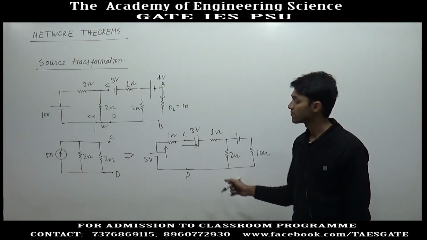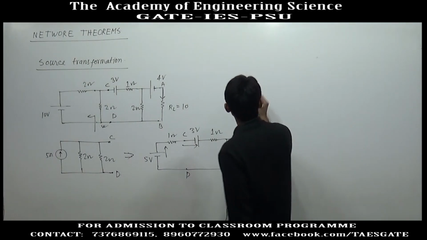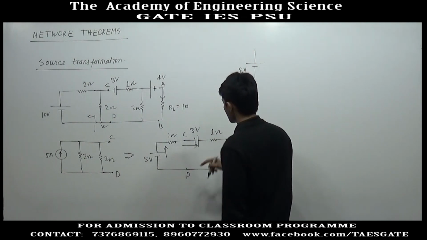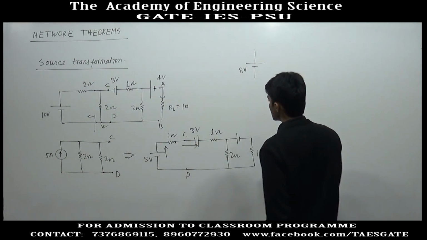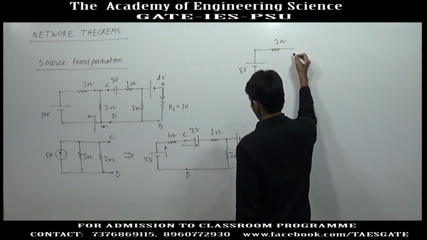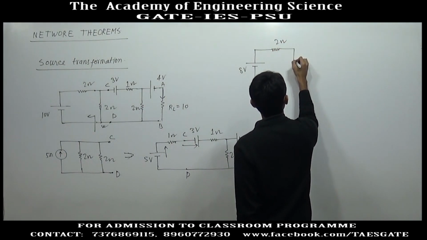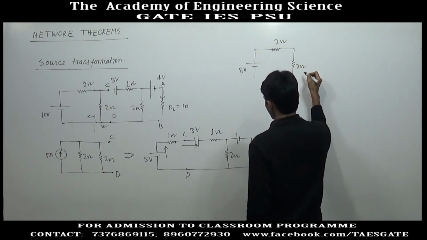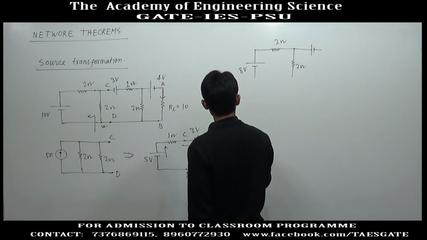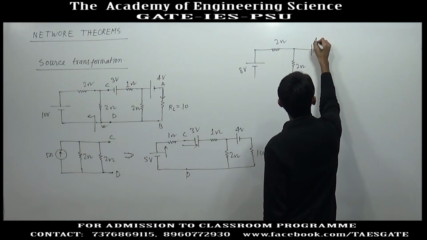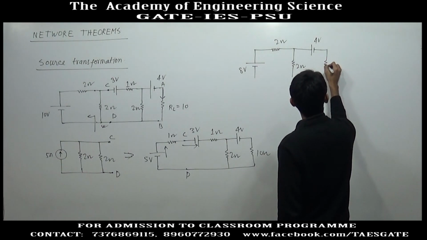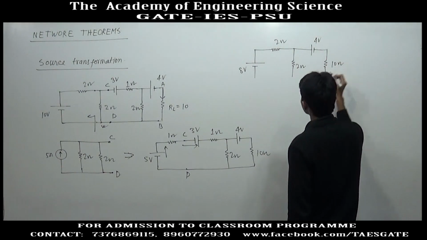So these two voltages will add up, so it will give us 8 volt voltage source. 1 ohm and 1 ohm are connected in series, so here we will have 2 ohm resistance, then 2 ohm, then a voltage source of 4 volt, and this 10 ohm resistance.